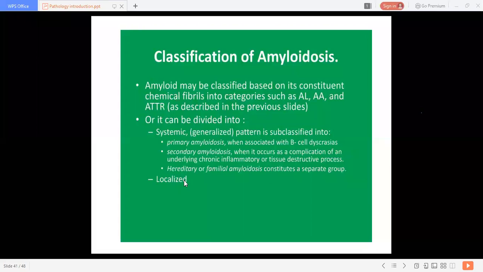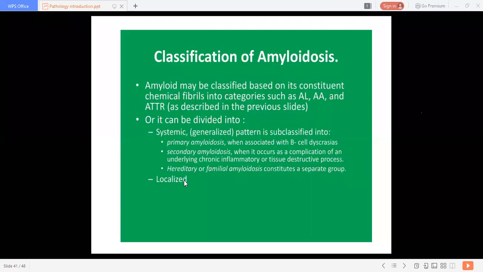The second is senile cerebral. Again, the age group is the same, above 70 years, and this senile cerebral amyloidosis is of course localized, that is, it is always restricted to that particular organ.